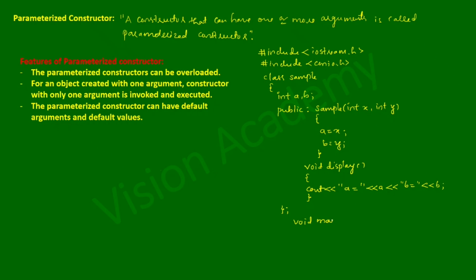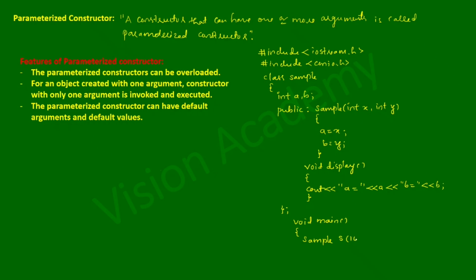So void main to create object of this class called sample. So now curly open brace, the class name is sample, and I'm going to write ys as an object. As soon as the object of the class is created, automatically the constructor will initialize the values of both x and y to a and b.